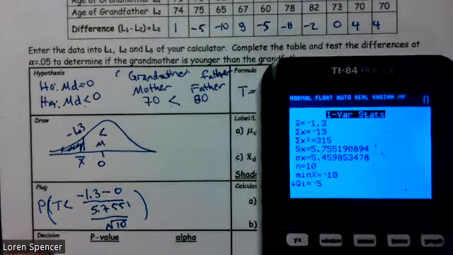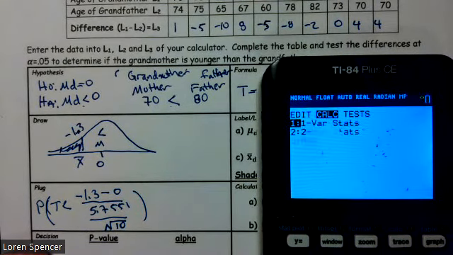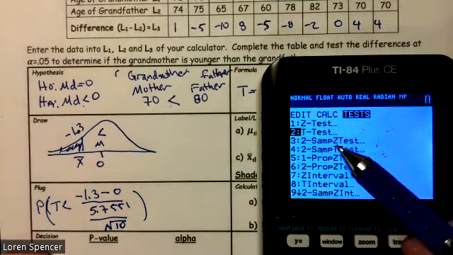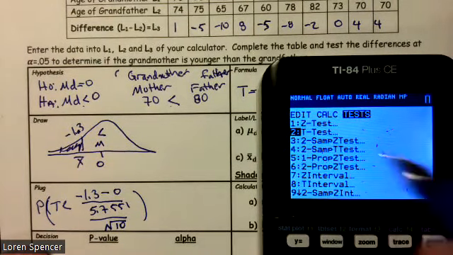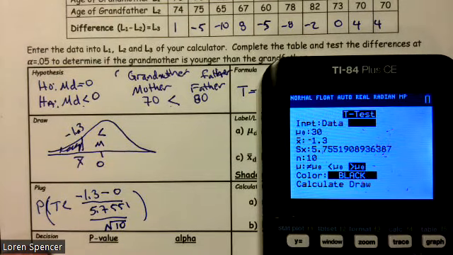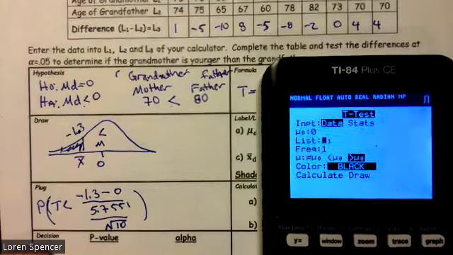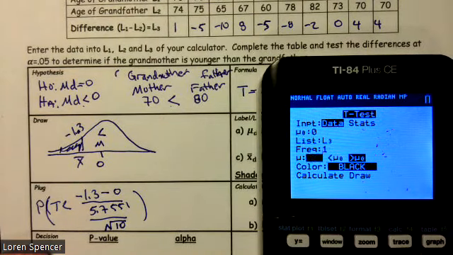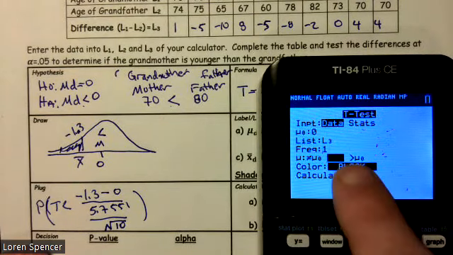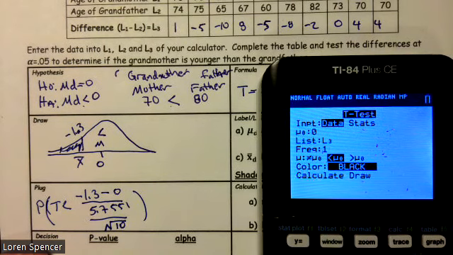Now we're going to go run our test. To run our test, we're going to go to stat, test. We just need t-test, and since this is a special case of the one sample, we just go to one sample. We have data, not statistics, so data needs to be highlighted. Our mean is 0. Our list is not L1, it's L3, so second 3. And we need to have the less than selected on the calculator.